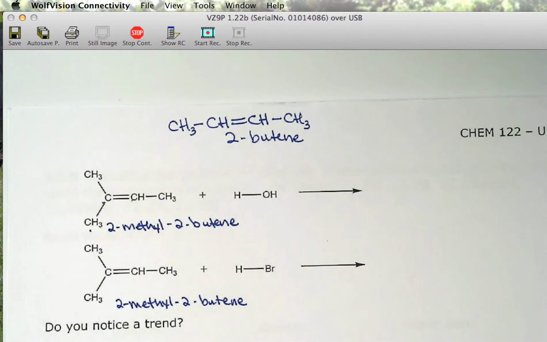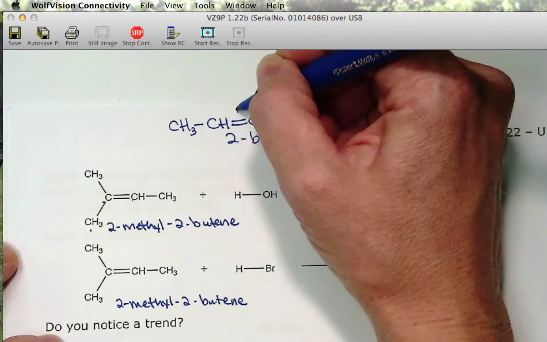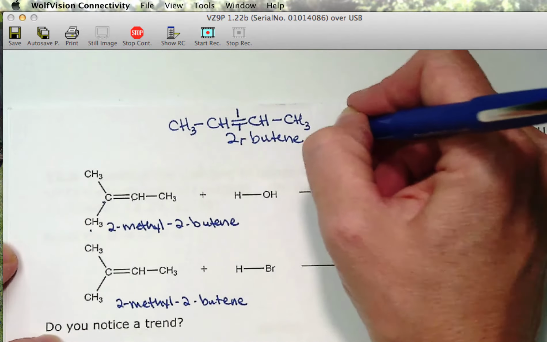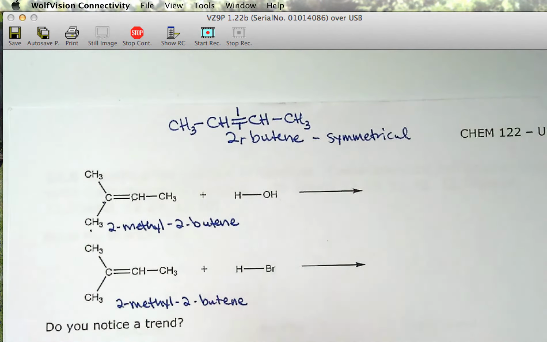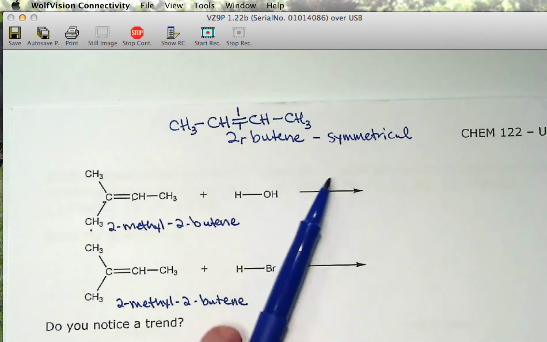So 2-butene is symmetrical. It's the same on the left and right. 2-methyl-2-butene is asymmetrical. It's not the same on the left and right.